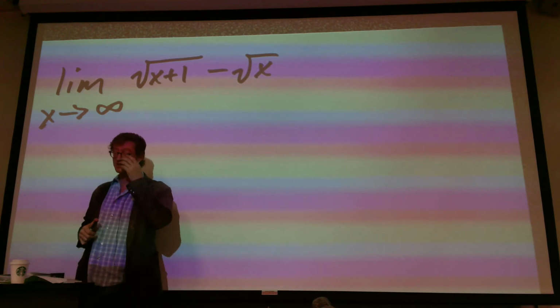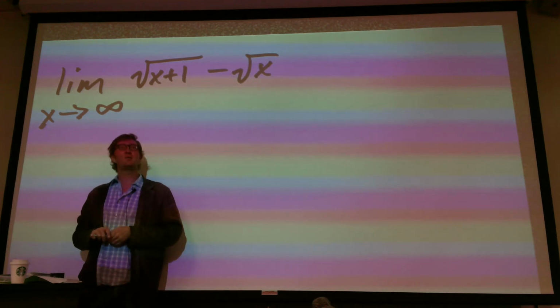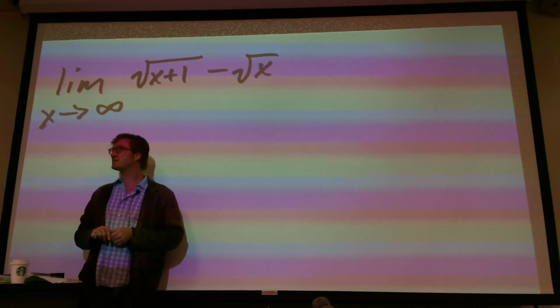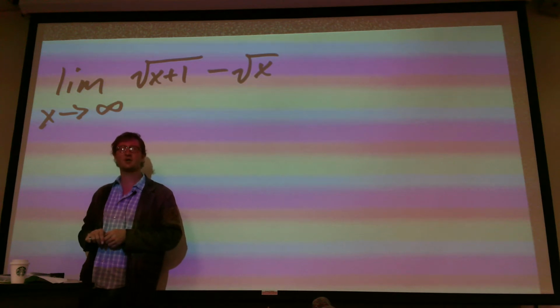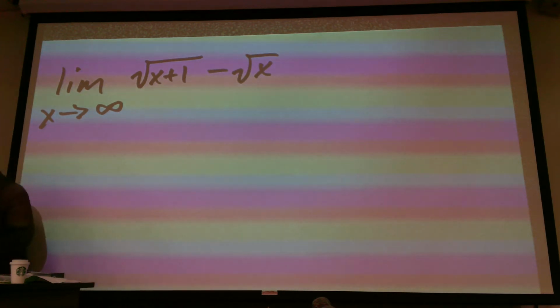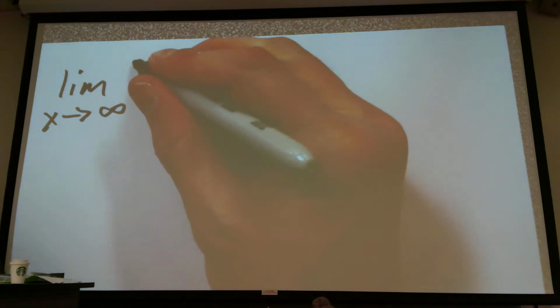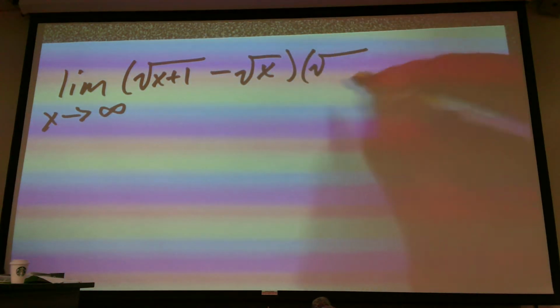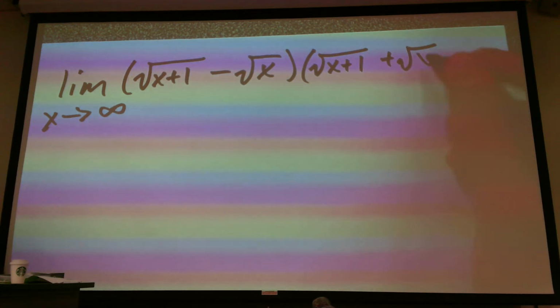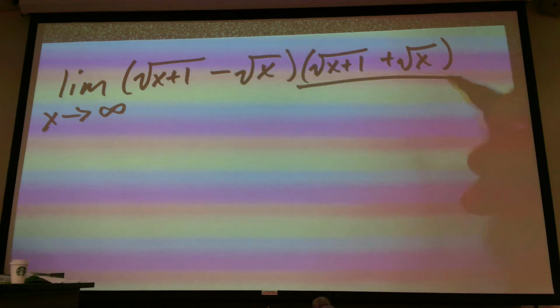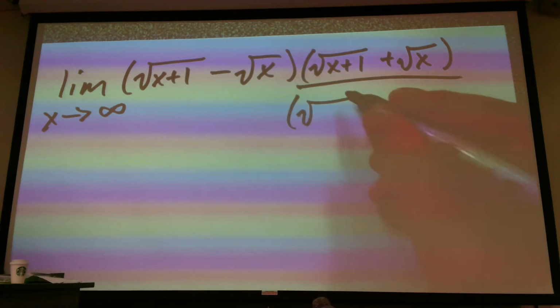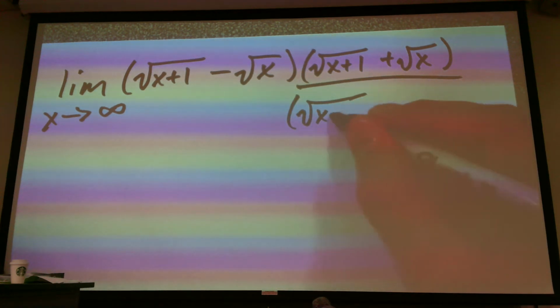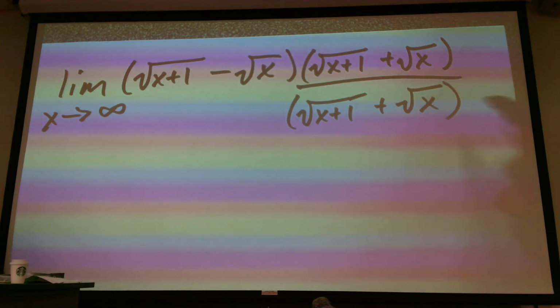And so what did we do with that problem? We multiplied by the conjugate. So in this case, we are also going to multiply by the conjugate. Let's put parentheses around this guy. Let's say that's the square root of x plus 1 plus the square root of x, divided by the square root of x plus 1 plus the square root of x.